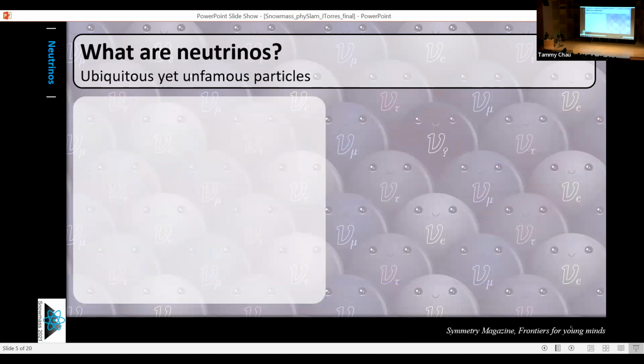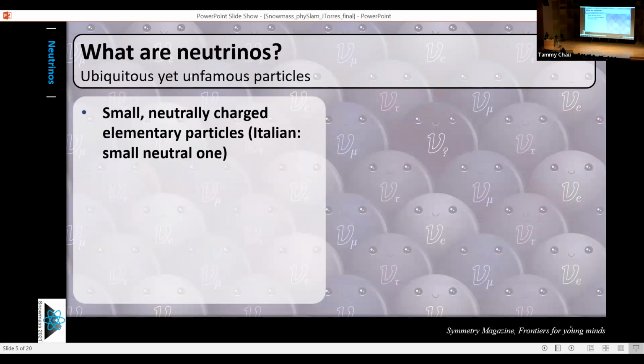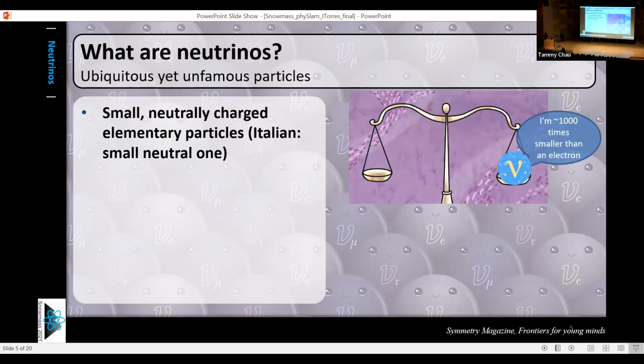So now, what are neutrinos? Neutrinos, as I mentioned, are small, neutrally charged particles. Their name literally means small neutral one in Italian, and their name was given to them by the Italian-American physicist Enrico Fermi. So neutrinos are about 1,000 times smaller than electrons.